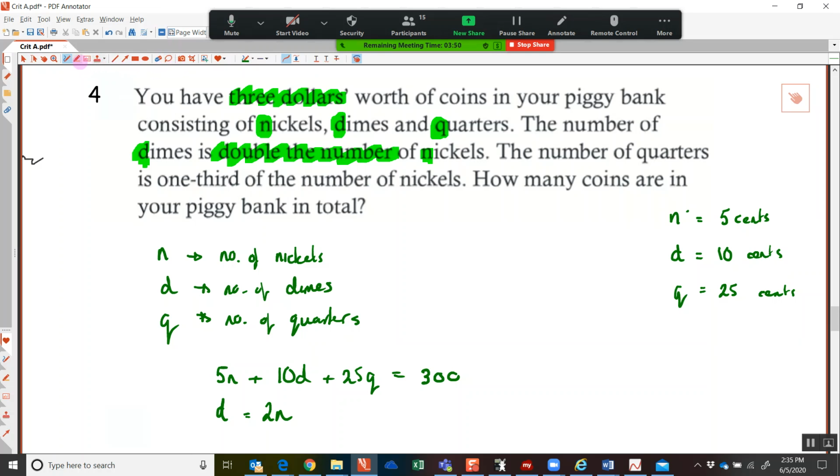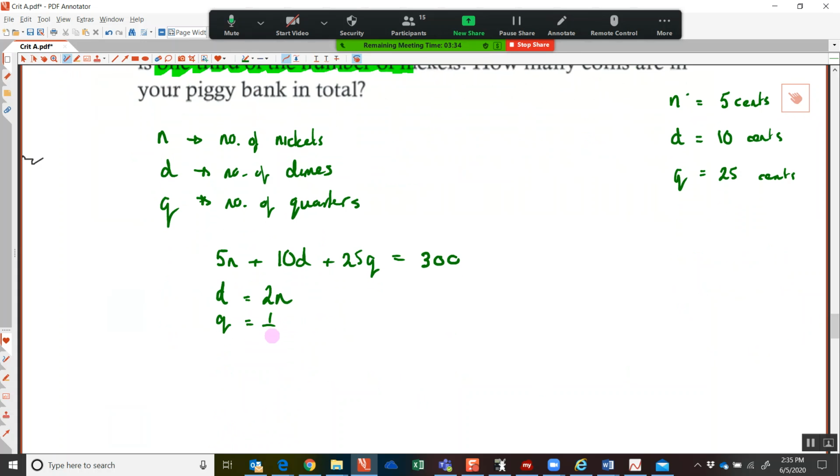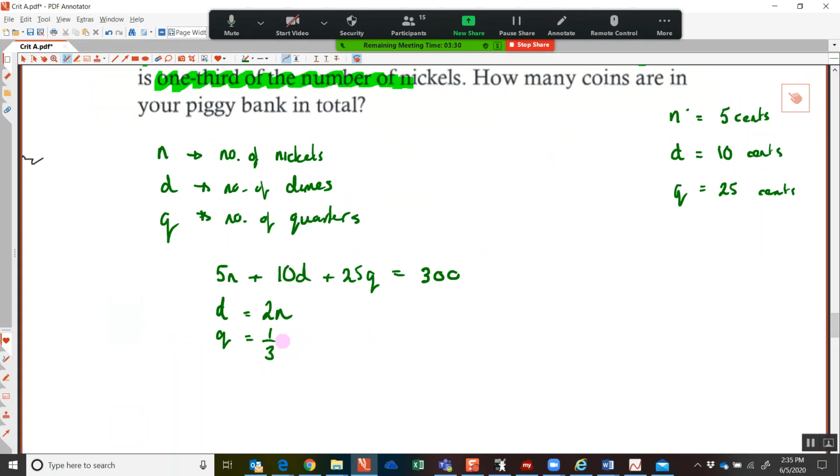Yeah. And then we've got the number of quarters is 1/3 the number of nickels. So we can do the number of quarters is 1/3 the number of, what did I say, nickels? Yeah. Yeah?